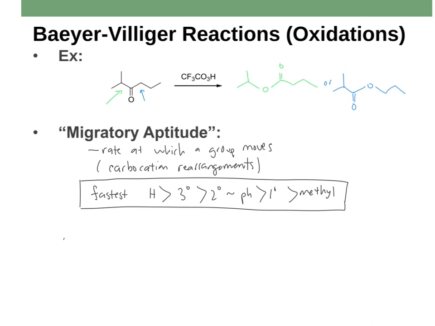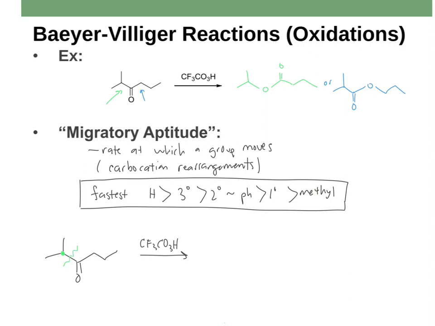So if I look at that ketone that I had up there, and I'm adding my CF3CO3H, what I'm doing here is asking myself, okay, on the left-hand side, this group right here that's attached, I would say is a secondary group, right?